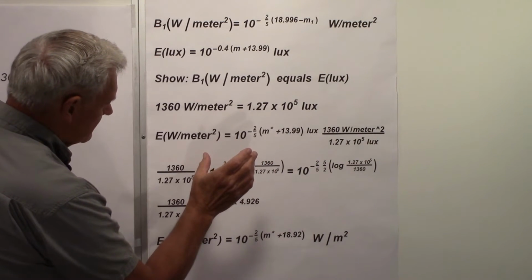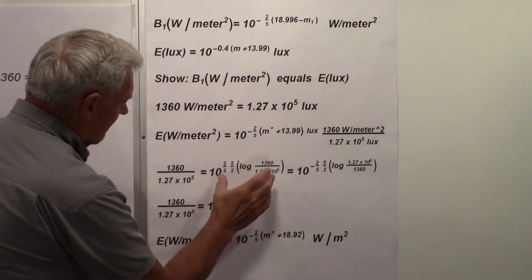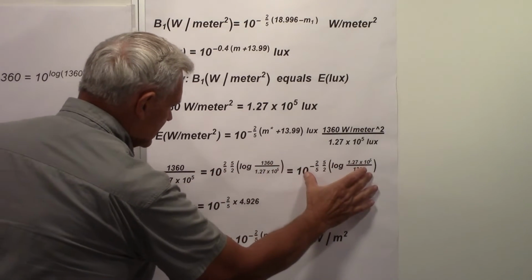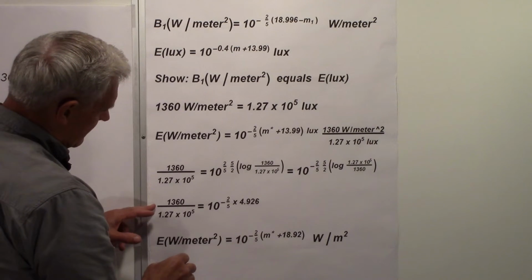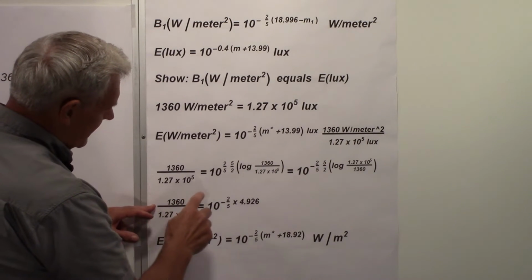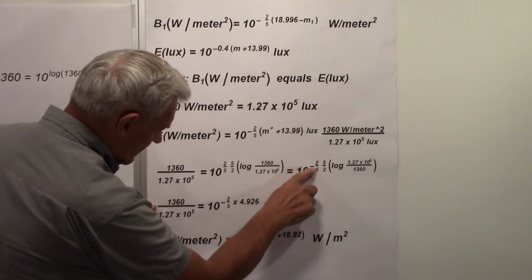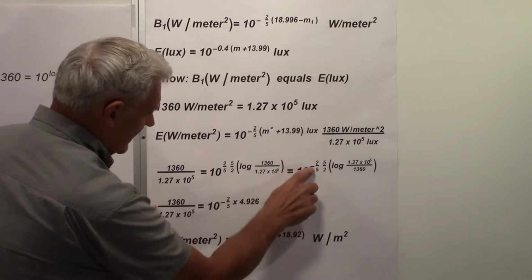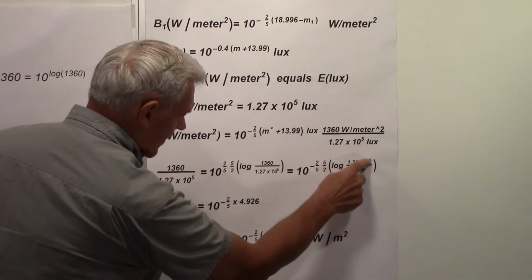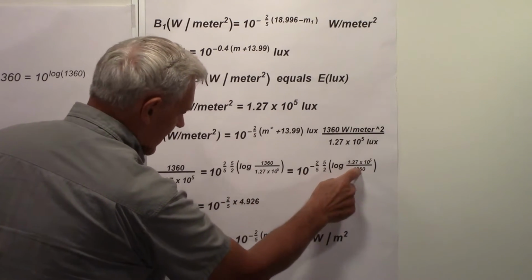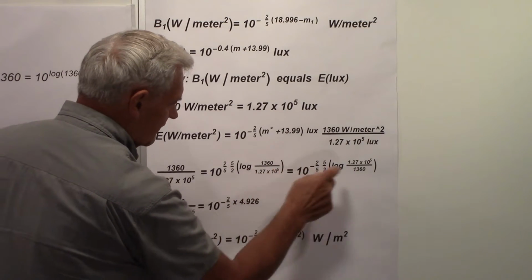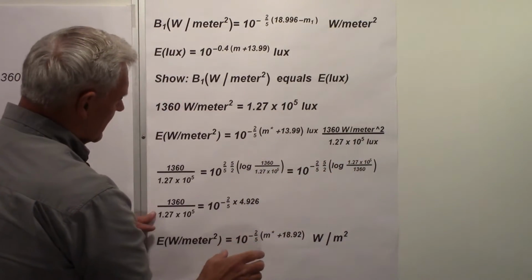So we now have something that we can put inside the exponent here. And what we will do is we want to get the minus sign. We don't have the minus out here. We want to get the minus sign, so we invert the quantities in the log. So the 1360 is now in the denominator here, and the 1.27 times 10 to the 5th is in the numerator.